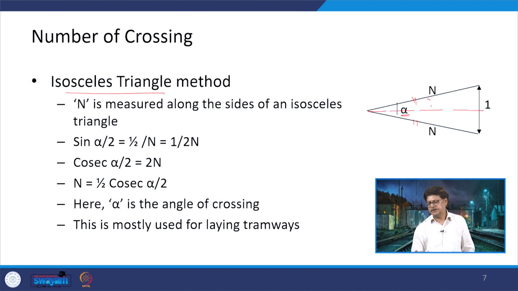Going by the symmetry and taking this as alpha by 2, the spread here will be 0.5. Considering that, we come across the formula n is equal to 1 by 2 into cosec alpha by 2. So, in all of these cases the alpha is known to us, which is the angle of the crossing, and we can very easily calculate the value of n. This particular method is usually used in the laying of tramways.